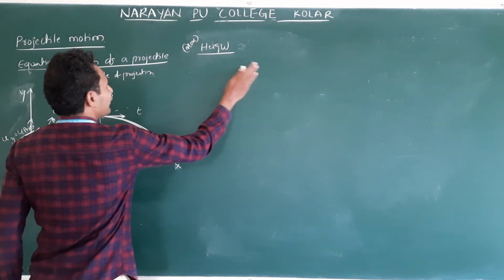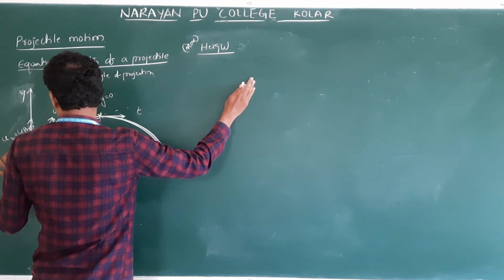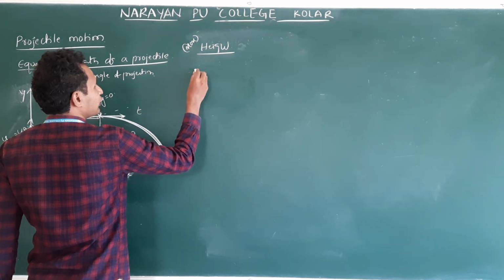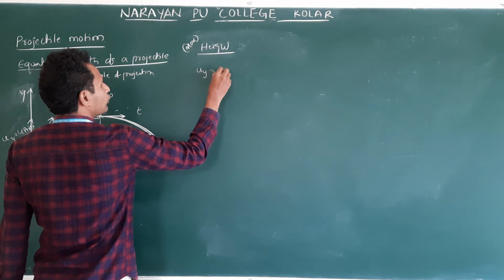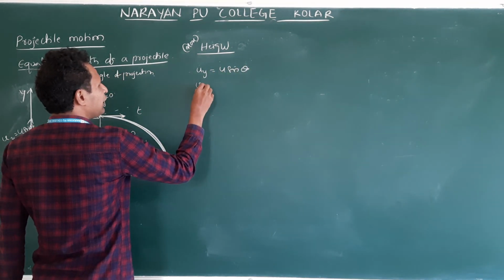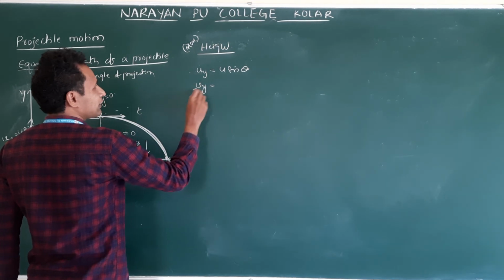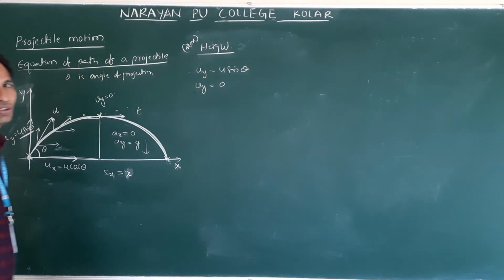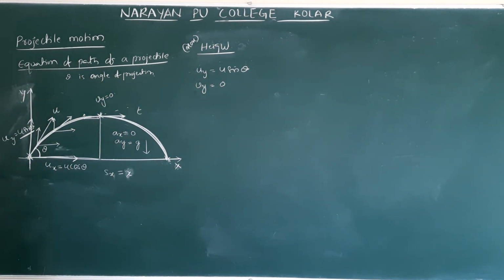Now, what is the initial velocity along the y direction? u is equal to u sin theta, and vy, the final velocity, should be 0. Understand?